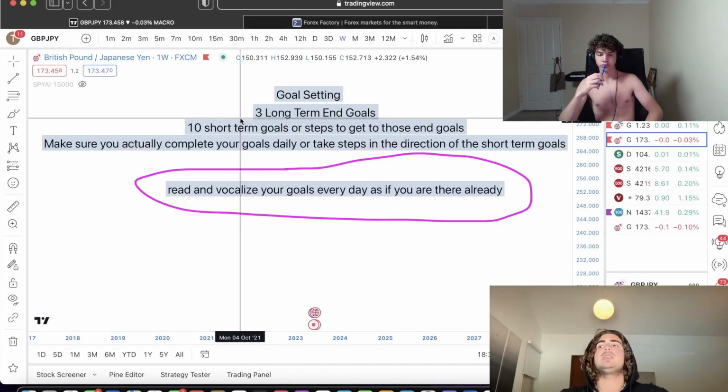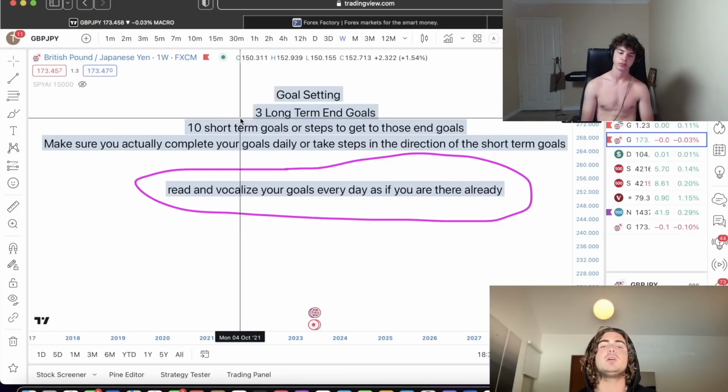There's no way that you would even be able to feel okay saying that without taking the steps in the right direction. If you stand in the shower and say, I am a profitable trader, I am a disciplined trader, I am patient within the markets. These are all things that I used to say to myself in the shower.